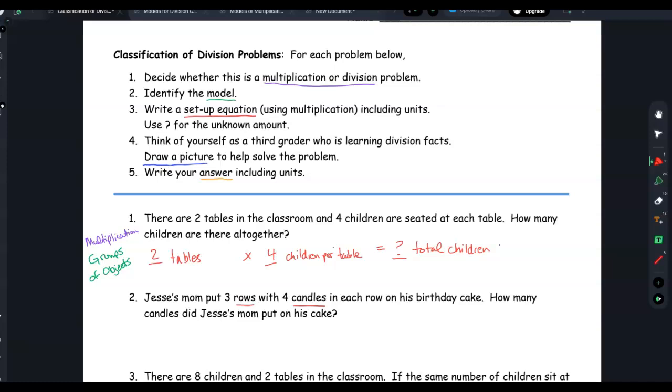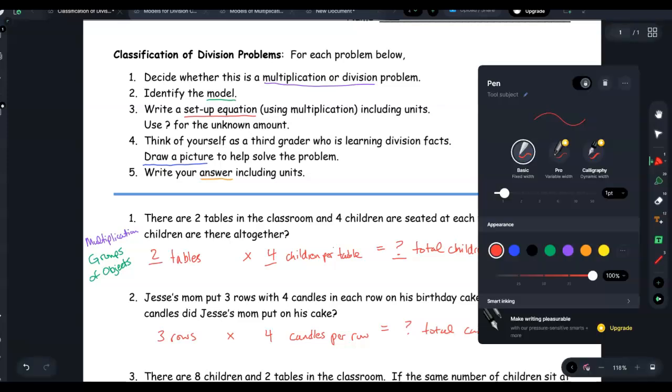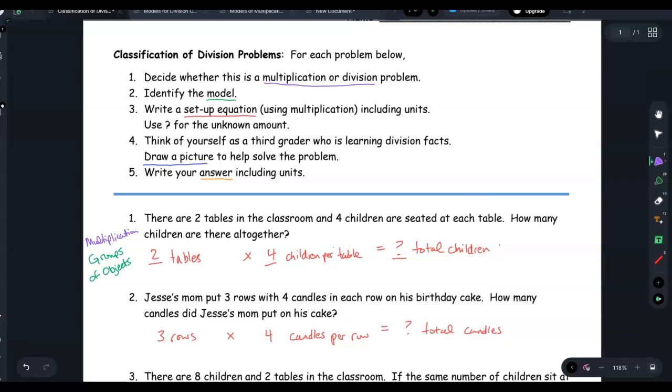So we would say that this is 3 rows times 4, in this case, candles per row. And then we're trying to find the total number of candles. So at least once we get that setup equation, it's hopefully clear that we would find the answer here by multiplying 3 by 4.